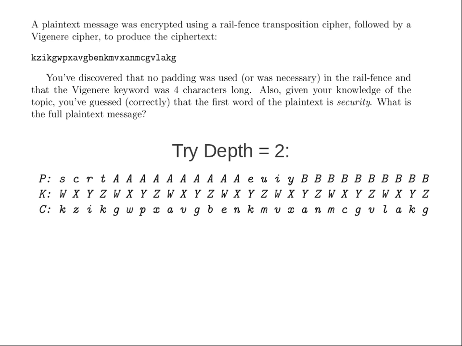Why do I get this? Depth 2 means, because you've given the first word, security, if it's a depth 2 rail fence and you know the first word of the plain text, then the start would be read like this.